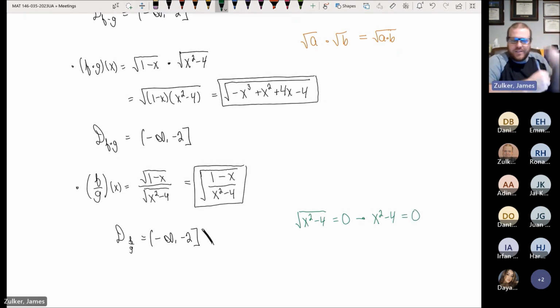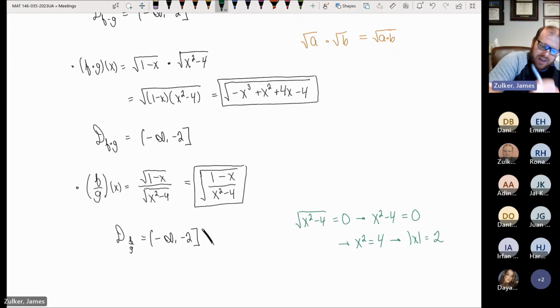That would mean that x squared minus 4 is 0. So x squared is 4, meaning the absolute value of x is 2, which is -2 or +2. Right? So we take out -2, +2.